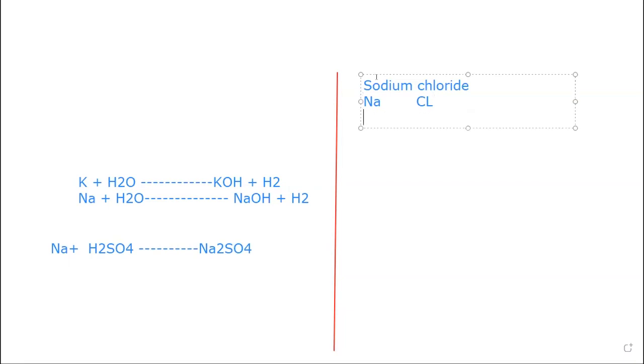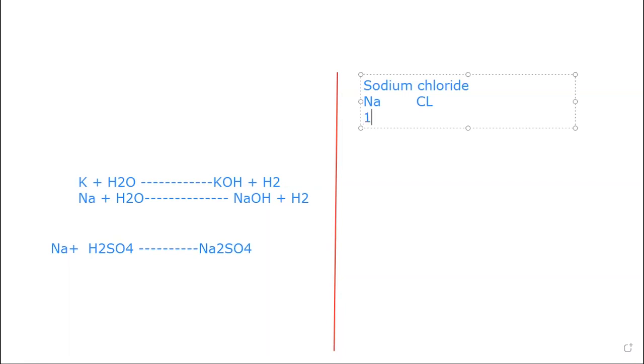The third step, write under each one of these symbols its valency. Each element in its group has the same number of valency as the number of its group. This means the sodium, its valency equals 1.